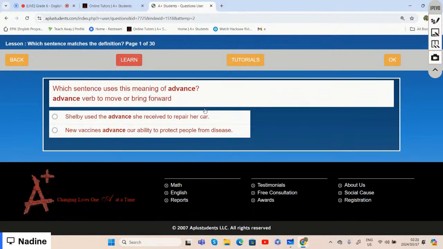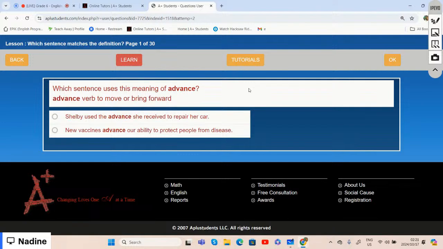So, which sentence uses the meaning of advance? Advance is a verb, it's to either move or to bring forward. It says, Shelby used the advance she received to repair her car. Or option two, new vaccines advance our ability to protect people from disease.